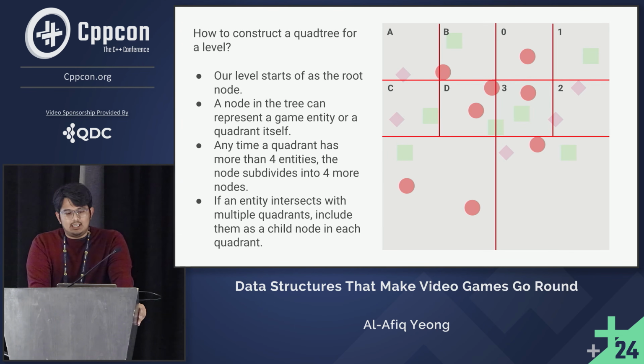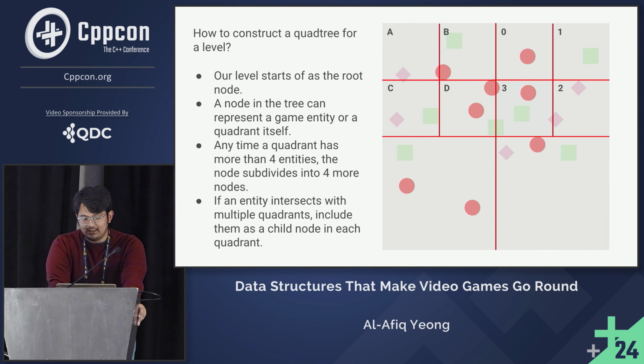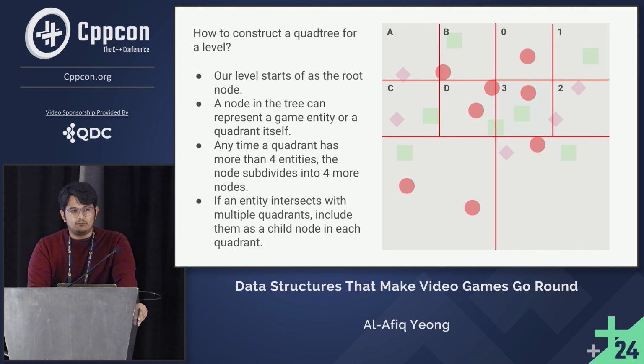Now we can see that in A, B, C, and D, each quadrant has no more than 4 entities, so we're just going to leave them as they are. 0, 1, and 2 do not have more than 4 game entities. We're just going to leave them as they are. But in 3, we have 1, 2, 3, 4, and 5 game entities.